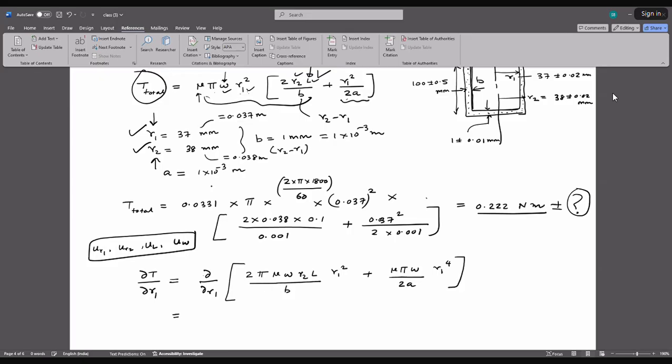If you take the derivative, this will become 4 pi mu omega R2 L R1 divided by B plus 4 mu pi omega R1 cube divided by 2a.